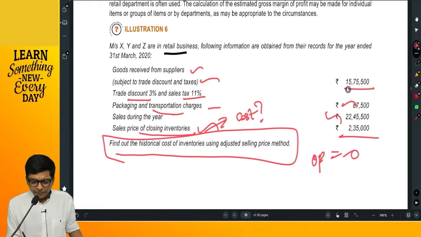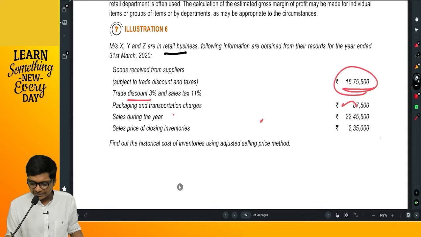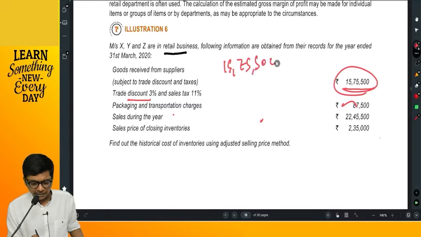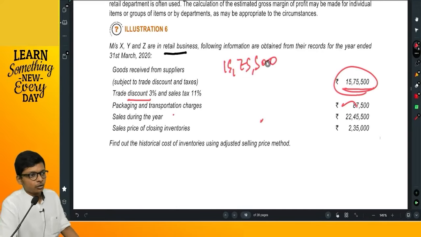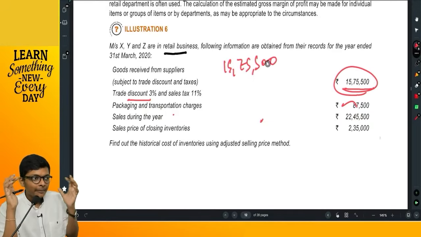Follow. First, purchase how much? 15 lakh 75,500. Correct. Trade discount. What do you mean by trade discount? When you order in Zomato or Swiggy, you will see apply coupon, price will reduce. So it's a discount received because you are buying in bulk.